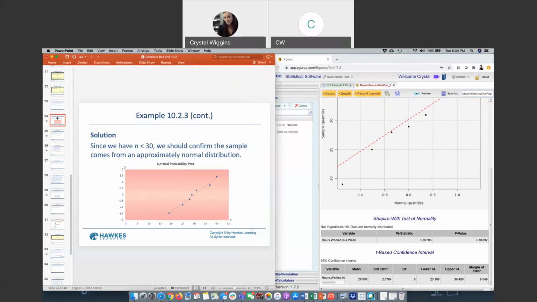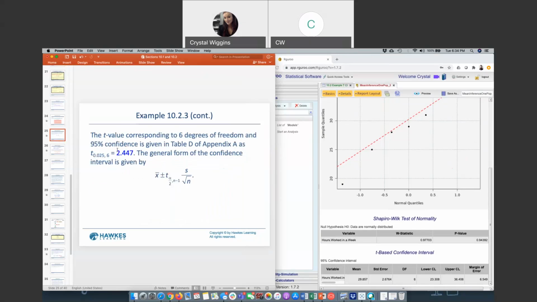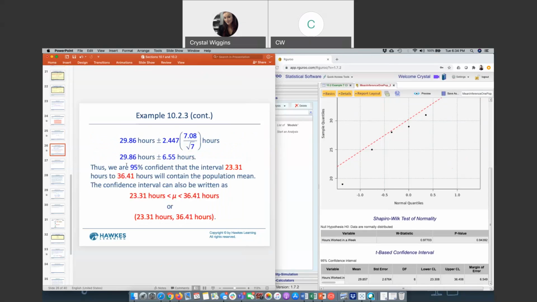Okay, so in here we see that they also plotted the normality plot to show that it's approximately normal. And here is the critical value that was used in order to calculate this confidence interval that we came up with. Okay, so this matches, thank goodness. And here's our conclusion.